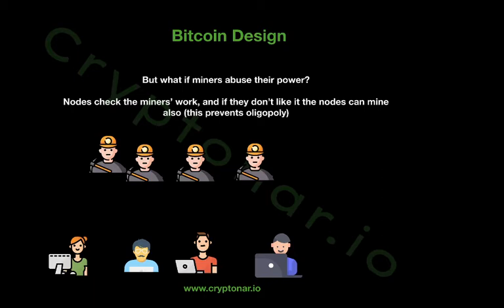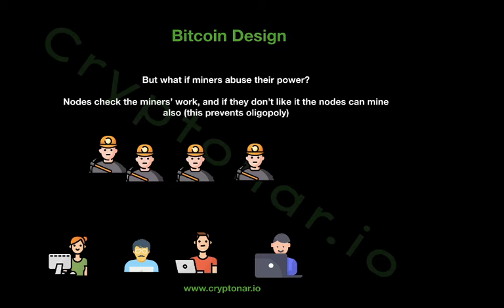But what if miners abuse their power? Well, if miners abuse their power, it means that they say, hey, you know what, we are mining, we have this hashing function going on, and we don't care about Bitcoin. We want to get rich, no? And so maybe they validate transactions that are bad, that double spend or whatever, no?